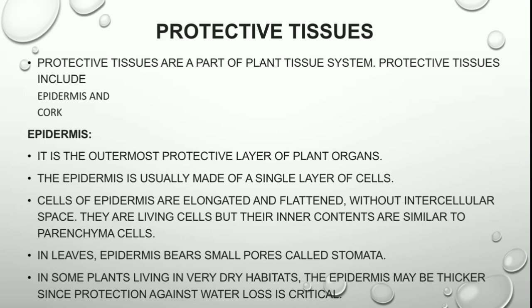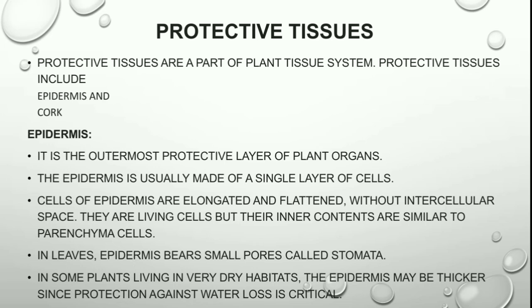Students, if we observe the leaf of a plant carefully, we can see small pores in the epidermis of the leaf. These pores are called stomata. These stomata are enclosed by two kidney-shaped cells called guard cells. They are necessary for exchange of gases like oxygen, carbon dioxide and water vapor with the atmosphere.